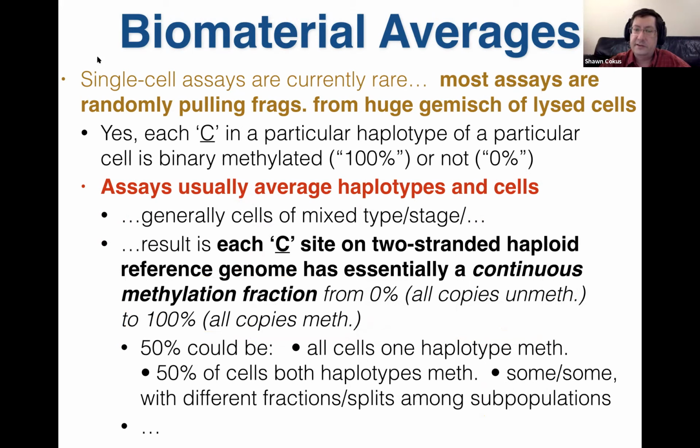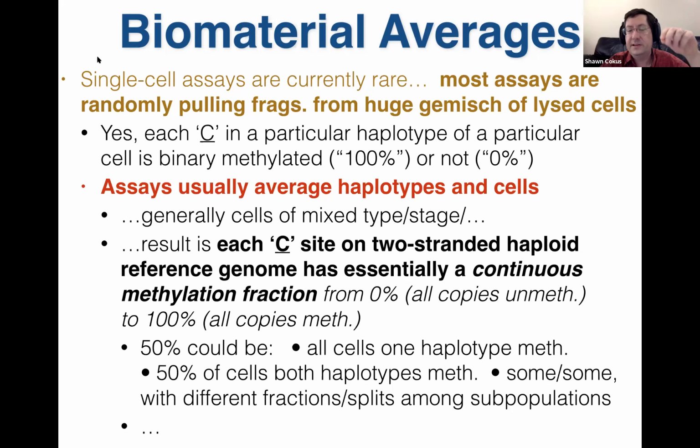Single cell assays are currently rare. Most assays are randomly pulling fragments from huge mixtures of lysed cells. Each cytosine in a particular haplotype of a particular cell is either methylated or not, binary, 0 or 100%. So the assays are usually averaging haplotypes in cells, generally cells of mixed type and stage.